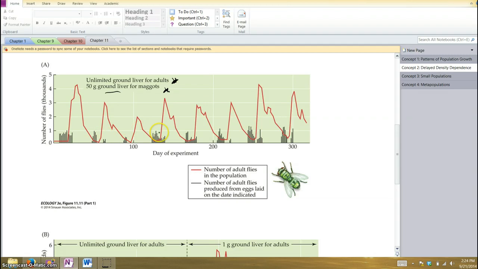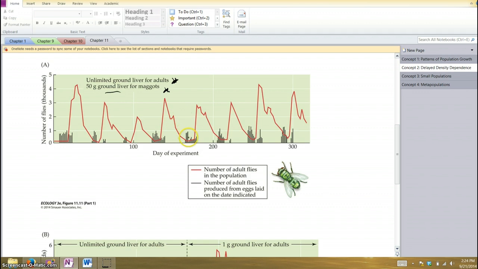But what's going to happen? As that adult population grows and lays lots of eggs, the amount of food that is available to the offspring they have becomes limiting, and essentially that will eventually, or with a delay, cause the adult population to decrease.